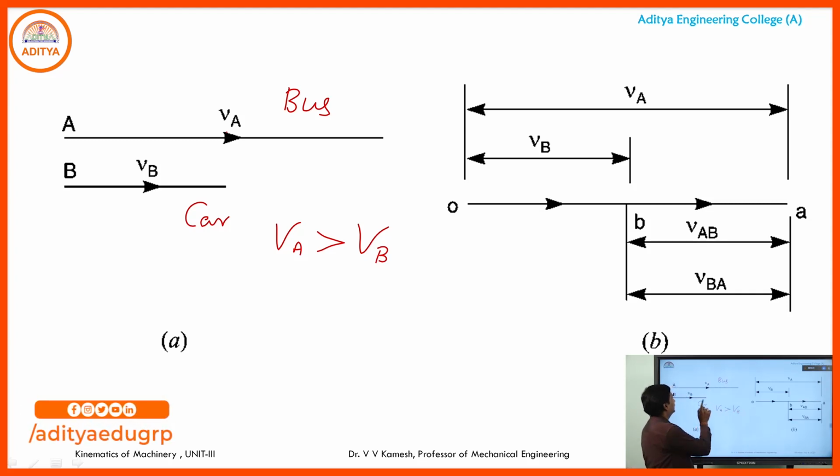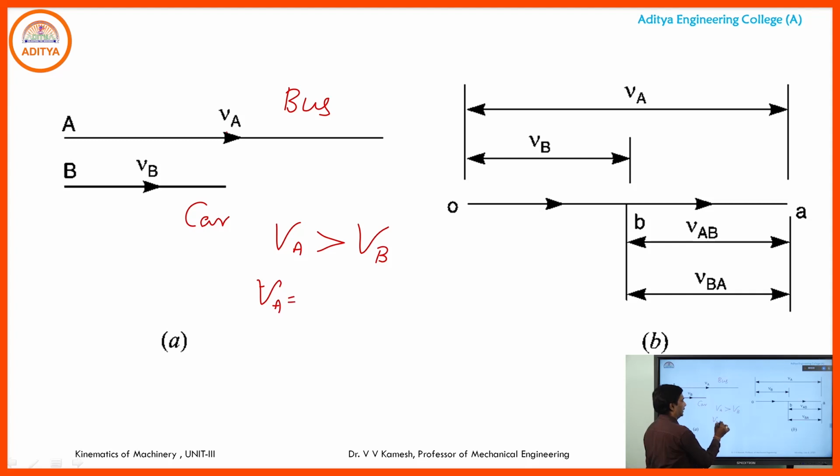So, how will we represent first VA? Let us take VA greater than VB. VA is equal to some 100 meters per second. This 100 meters per second is represented as OA. That means the earlier bus and car, these two objects need to be compared with a standard point.